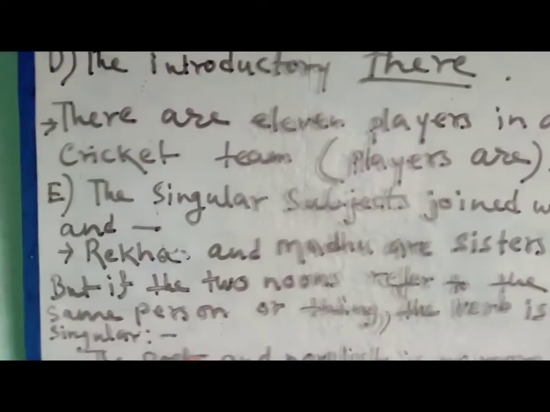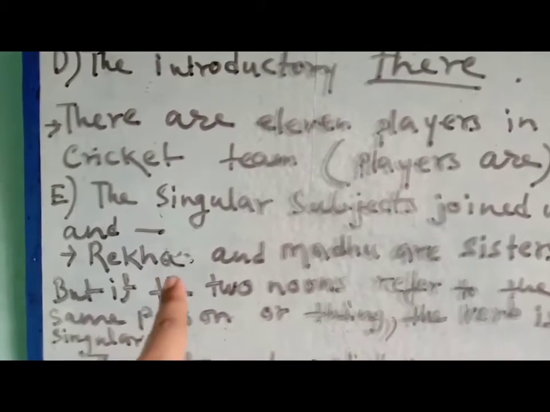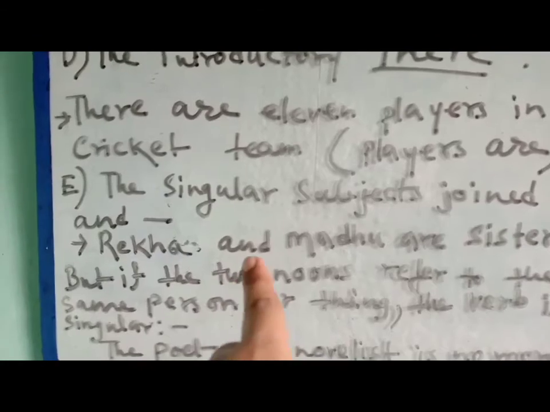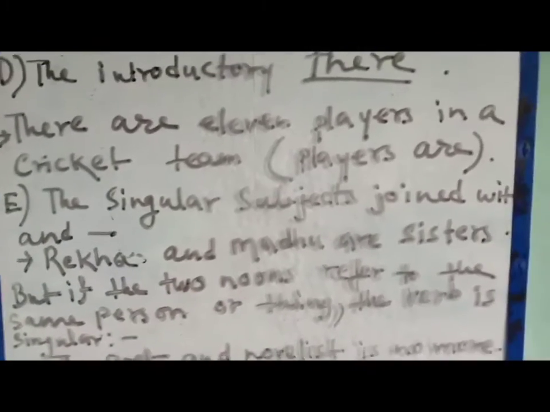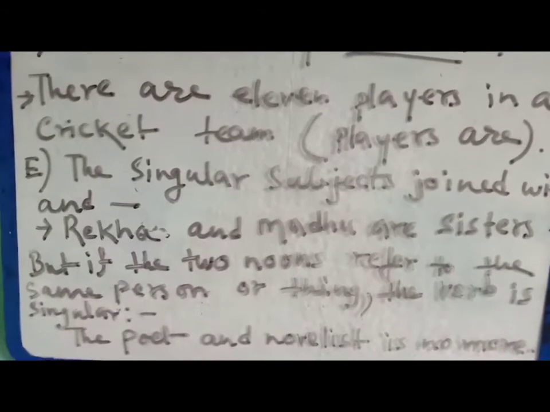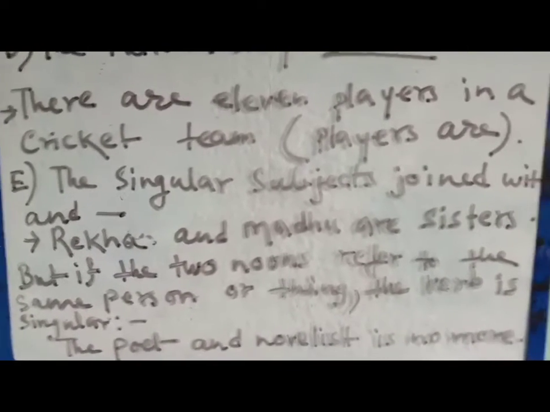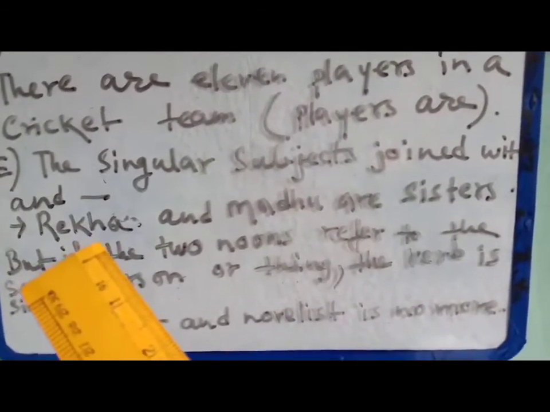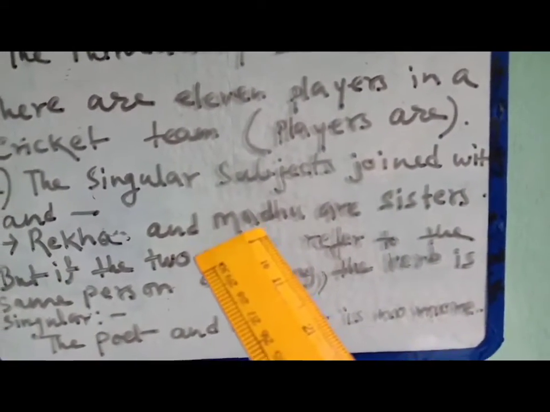So the singular subjects are joined with "and". Here, Rekha is the subject and another one is Madhu, joined with "and". In these cases it always generally takes a plural verb. Rekha is one singular and Madhu is another one also.